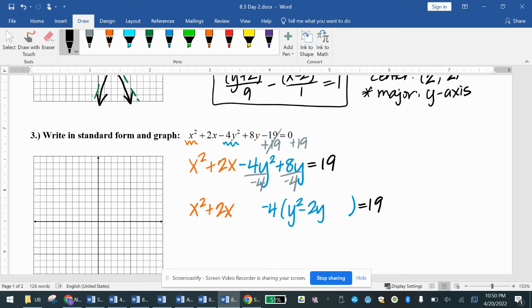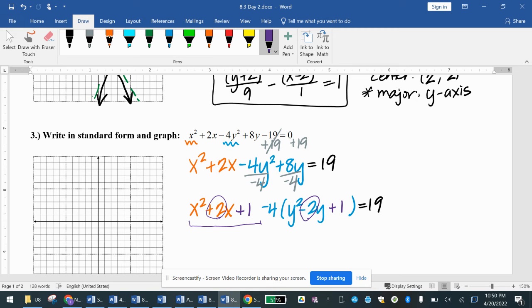All right, so to complete the square for this first trinomial, you're going to take half of 2 and square it. So half of 2 is 1, and 1 squared is 1. For here, you're going to have to take half of negative 2. Remember, we got that from dividing 8 by negative 4, which was the leading coefficient. That's also going to be a positive 1. Right?